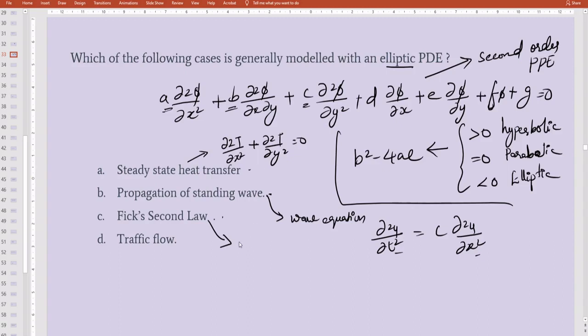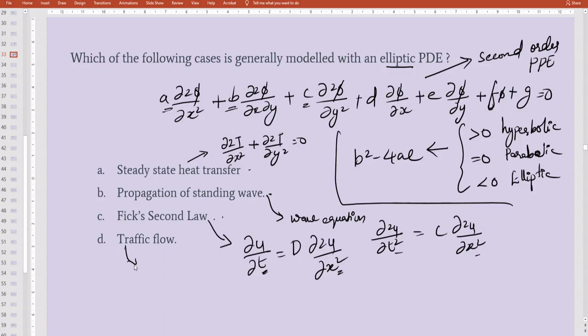Fick's second law is given by ∂u/∂t, time derivative, is equal to D into ∂²u/∂x². So this first order time derivative is equated with second order space derivative, and the last one is traffic flow.